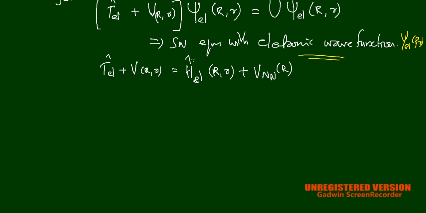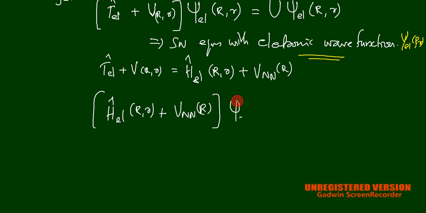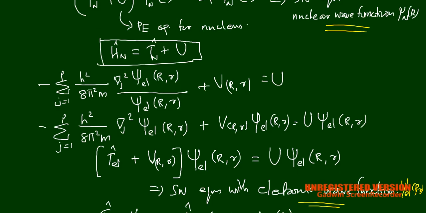Therefore, we can write again the Schrodinger wave equation for the electronic wave function. Instead of T electronic plus V R R, we can write H cap electronic R R plus V N N R, psi electronic R R is equal to U into psi electronic R. Okay, we can write like that. Let me give some numbers for these equations.